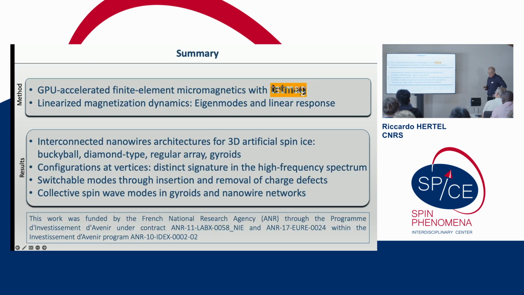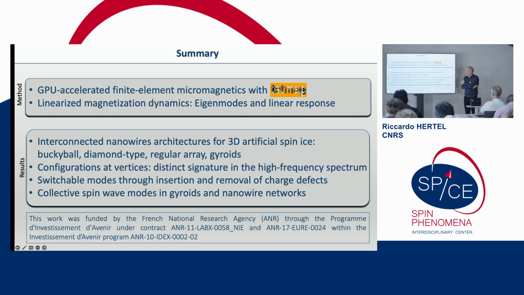So to summarize, I briefly talked about the method, which is our finite element code TETMAC, which again I invite you to have a look at. And we also used the linearized magnetization dynamics tools that were developed with Massimiliano to determine eigenmodes and the linear response in magnonic systems.